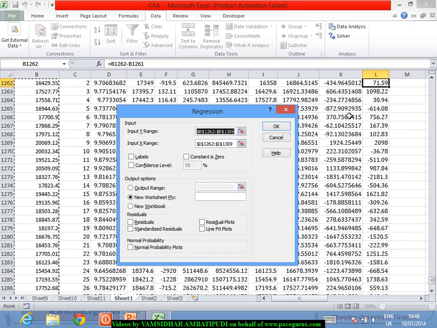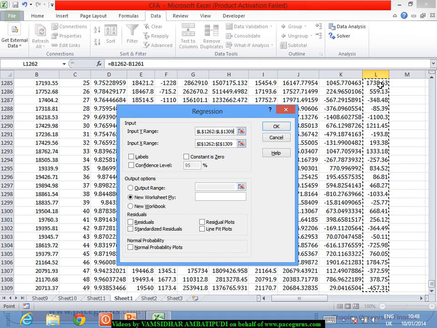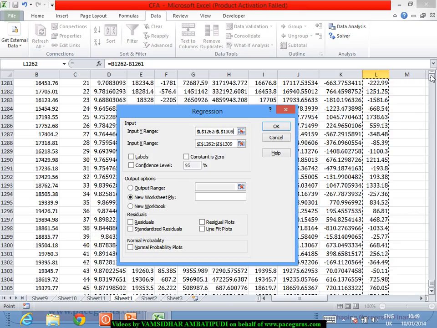What comes out with the Dickey-Fuller is: take this as the dependent variable and let the independent variable be the lagged column itself.